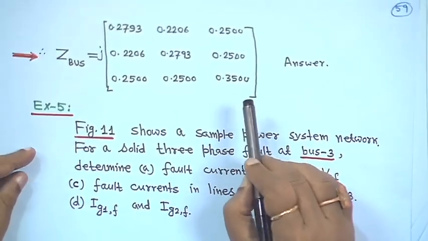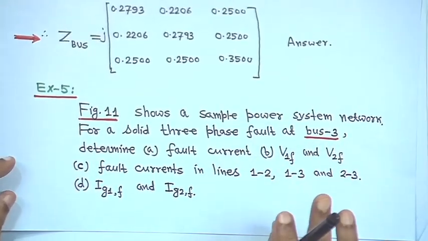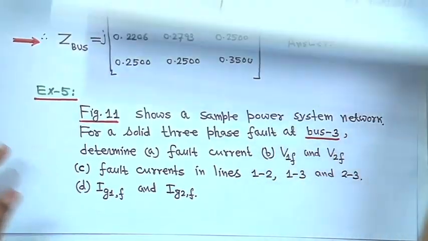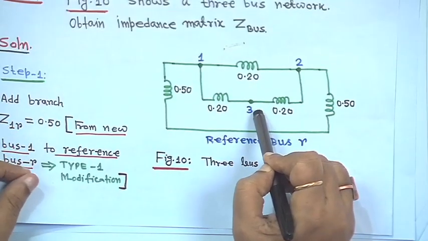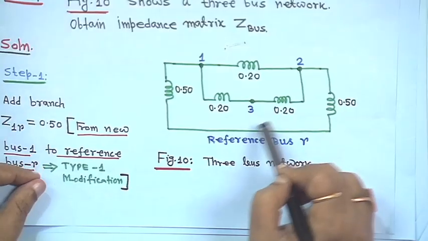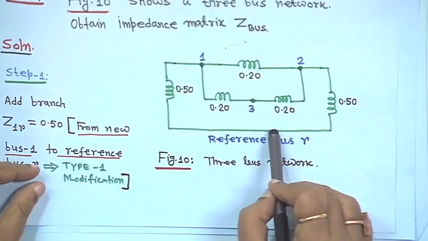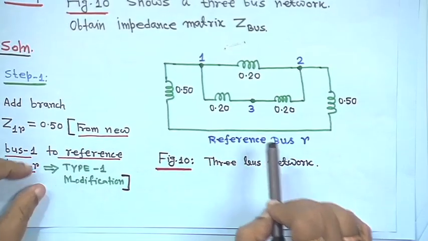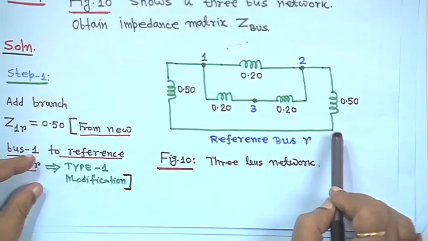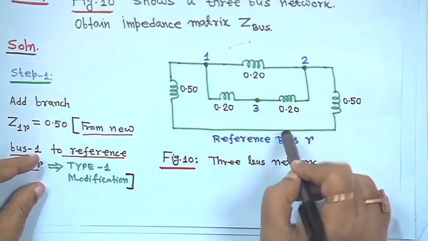So, computationally a computer is required, and coding is required. Even this problem for 3 buses takes time, because a lot of computations are involved. But this problem can be simplified, because here 1 and 2 are connected to the reference bus.